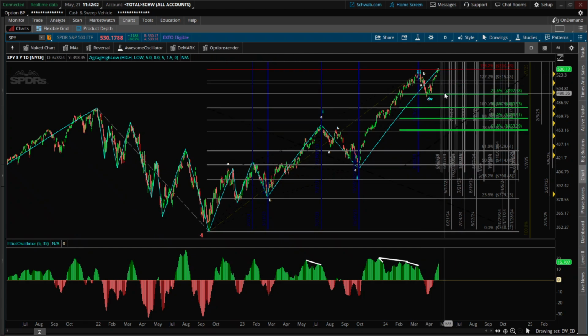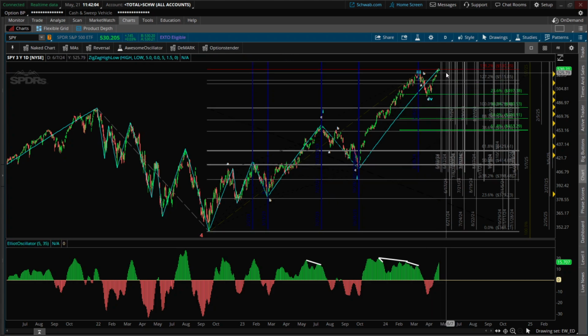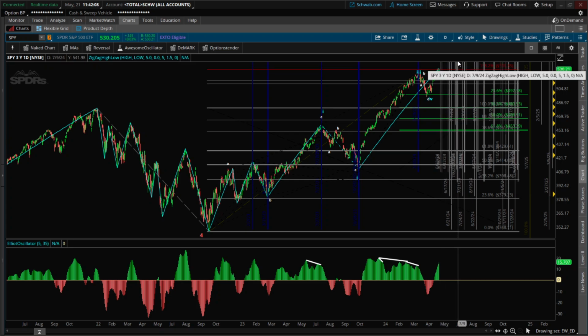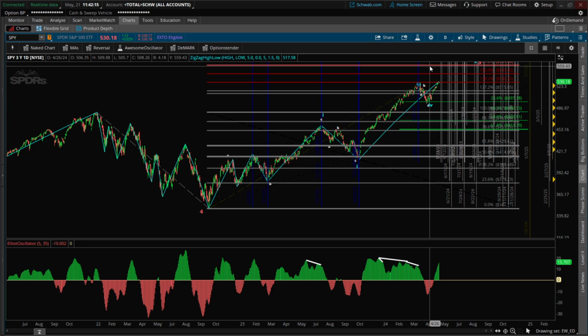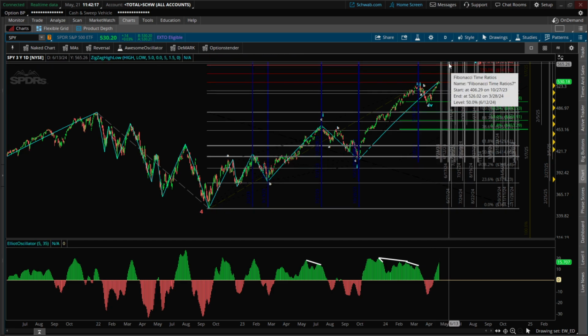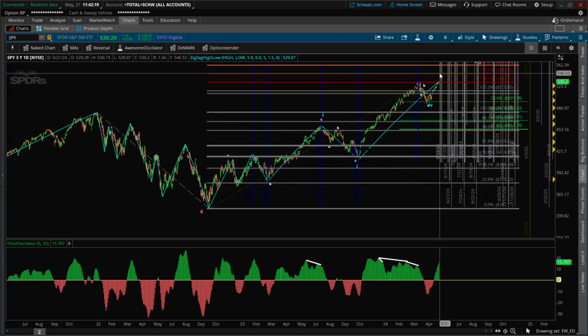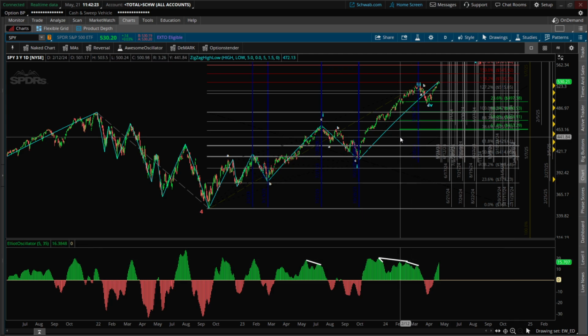So just keep that in mind. I think this is going to keep grinding and holding shallow pullbacks to the upside. And I'll zoom in a little bit more in just a second, show you time analysis. But this is the 560 target up here. We have 3 targets on the daily time frame, and we're at one of them right now.